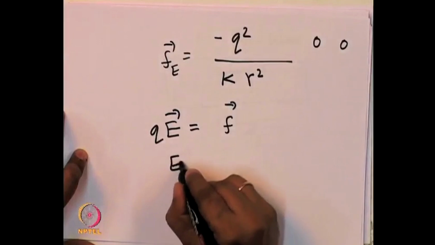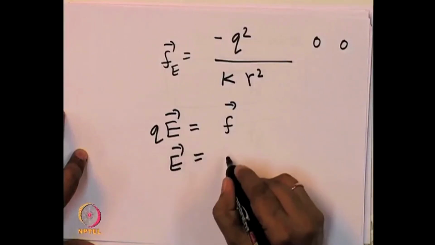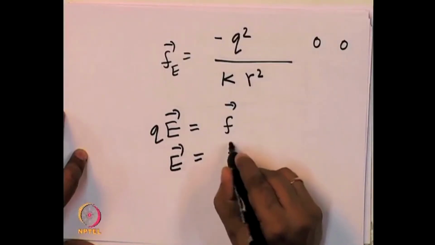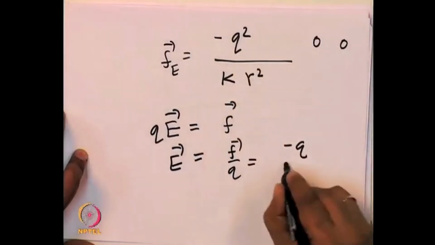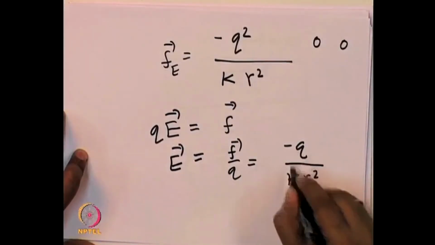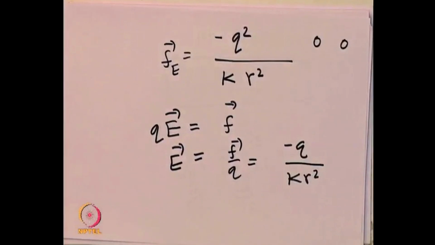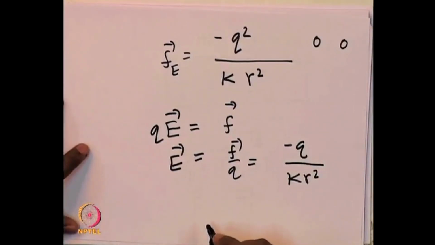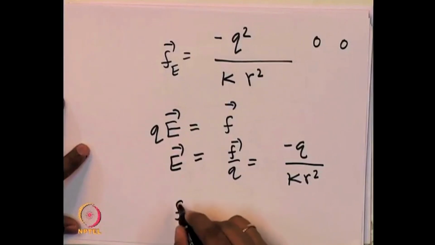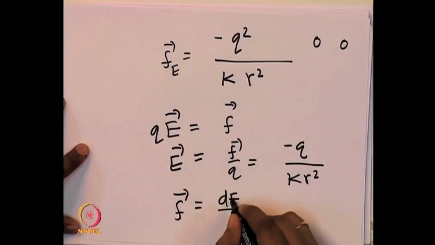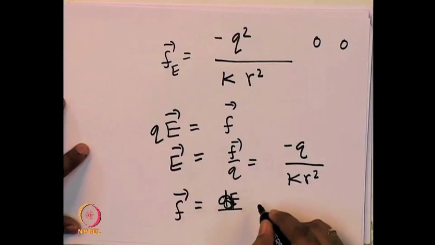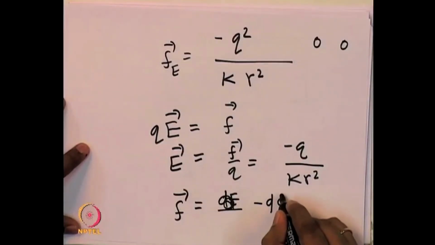So, what does this mean? E is equal to F by q, which is q by k r squared. This is our E. And we said in previous lectures that the force is minus del E by del R, the derivative of energy with respect to R. So, let me call phi the energy here.